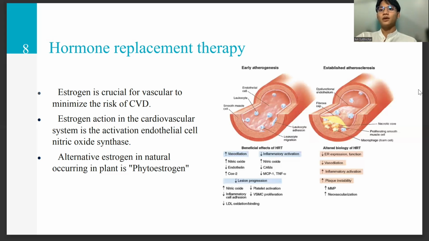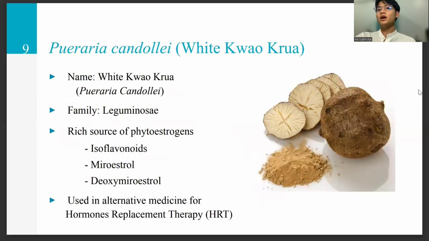In natural settings, we find estrogens in phytoestrogen form that occurs in plants, which is found in Pueraria candollei or White Kwao Krua. Pueraria candollei or White Kwao Krua, family Leguminosae, is a Thai medicinal plant with a long tradition of medicinal consumption among menopausal women for rejuvenation and estrogen replacement.